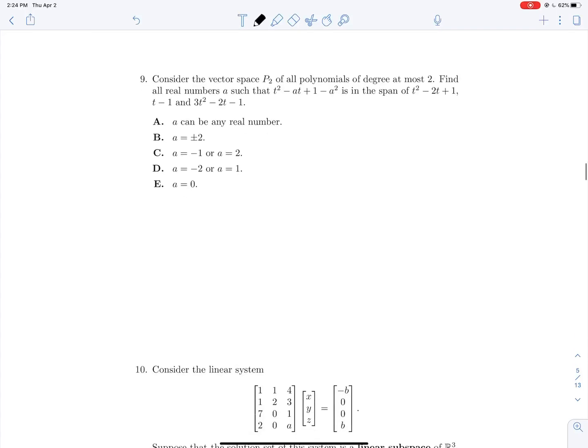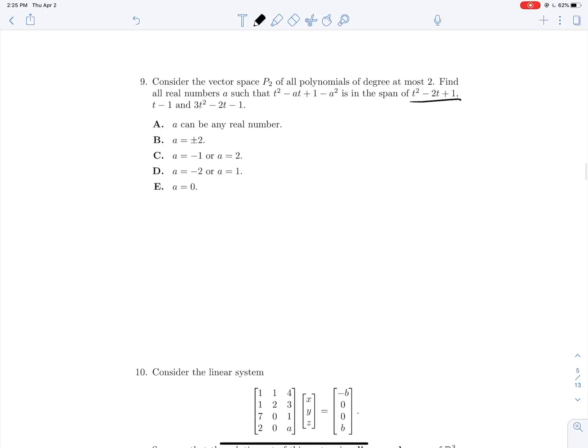Skipping 8 and 9, consider the vector space P2 of all polynomials of degree at most 2. Find all real numbers a such that t squared minus at plus 1 minus a squared is in the span of these other 3 vectors. So let's take these 3 polynomials and express them as vectors.